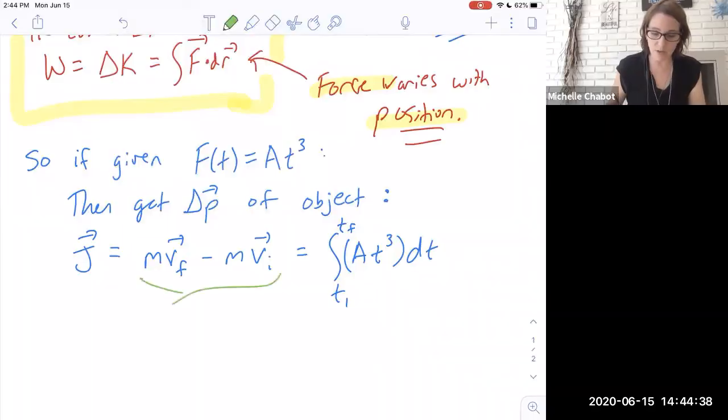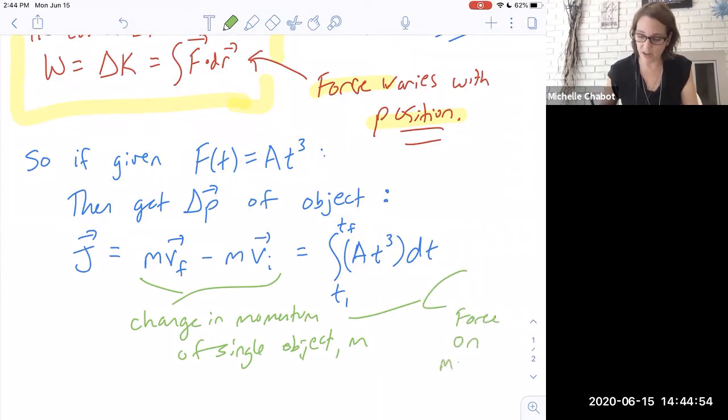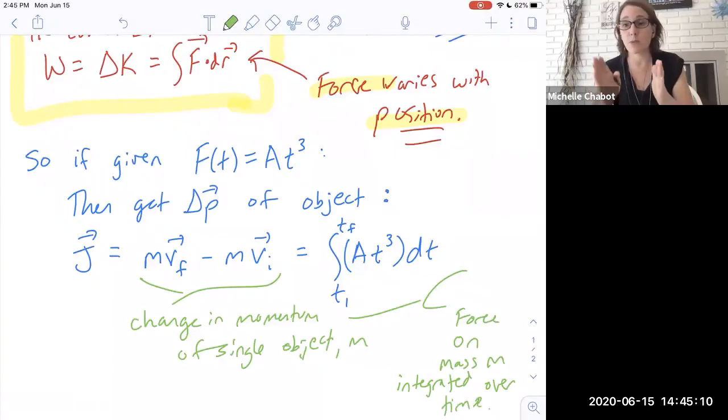We see here this is the change in momentum of a single object of mass m, and this is the force on mass m, integrated over time. So you apply a force to a single object and do that over some amount of time. That changes the momentum of that single object.